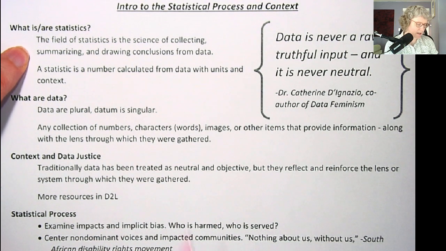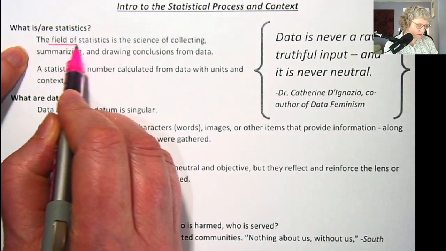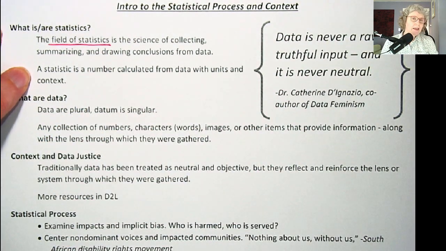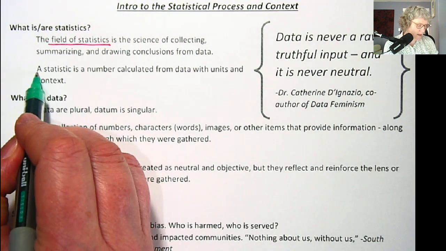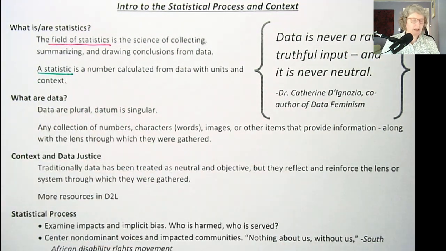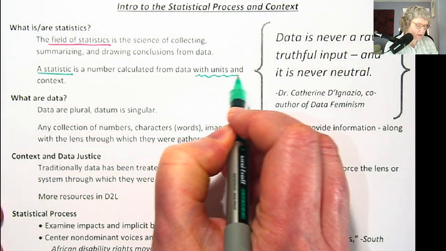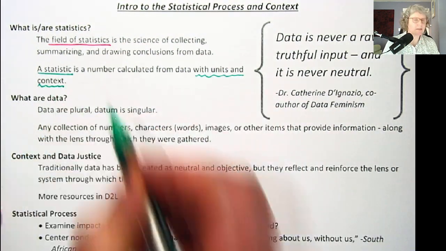So we are studying this whole field of statistics. But if you're talking about a statistic, just one or a few, a statistic is a number calculated from data. And more than just that, often you'll see it as just a number, but it's really important to include the units and the context.